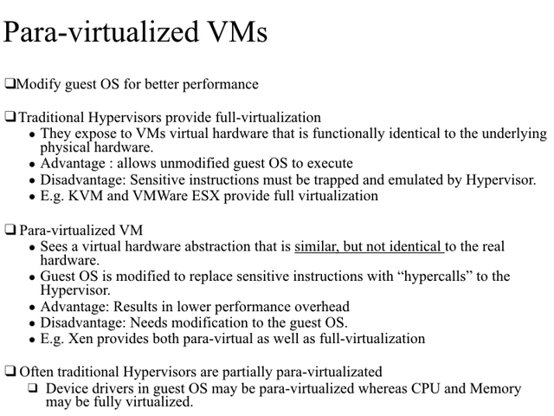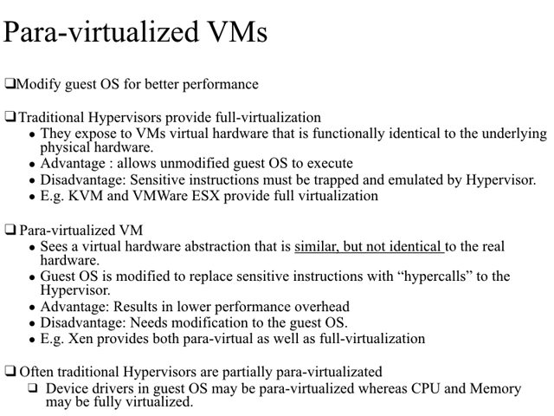Then there's a third category called para-virtualized VMs. Here we want to have more efficient interaction between the guest OS and the hypervisor. So we want to move away from the trap and emulate model to a model where the guest operating system can tell the hypervisor what it wants to do with the hardware.